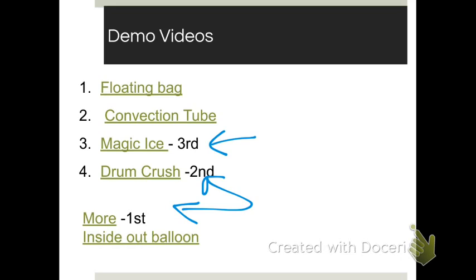So first you heat up the can, and when you heat up the can, it's causing the air within the can to get really, really hot. And so these air molecules are expanding, they're really spread out. Now, when you flip it over and put it inside ice cold water, those air molecules drastically collapse in and get really close together. Because they come in so quickly, that causes the actual can to crush.